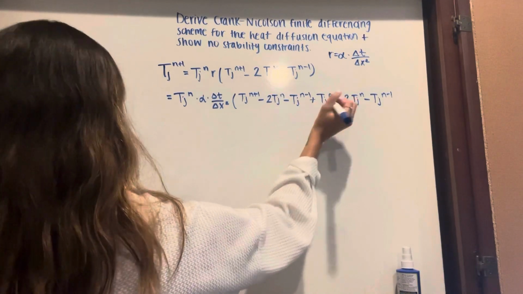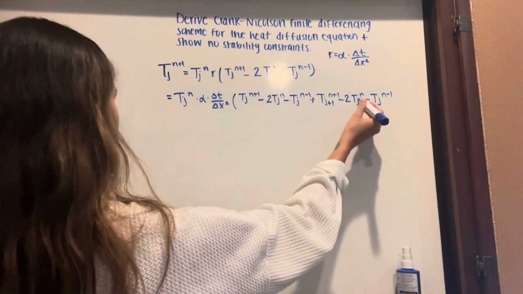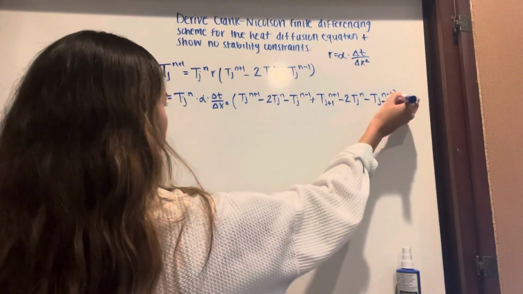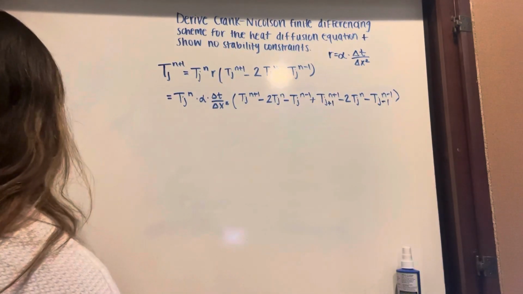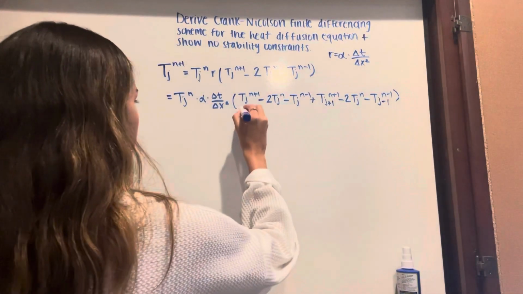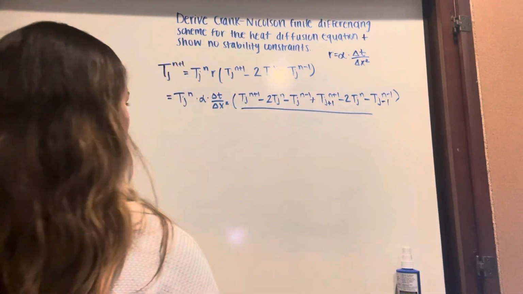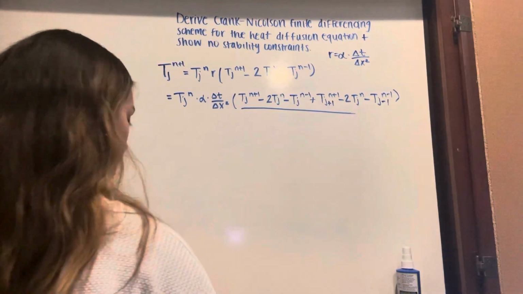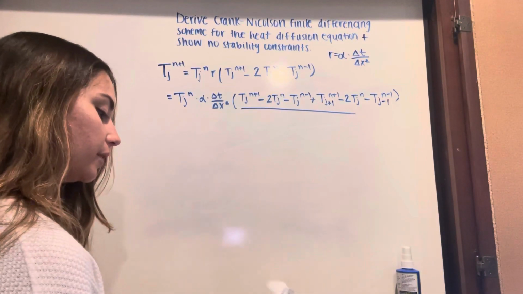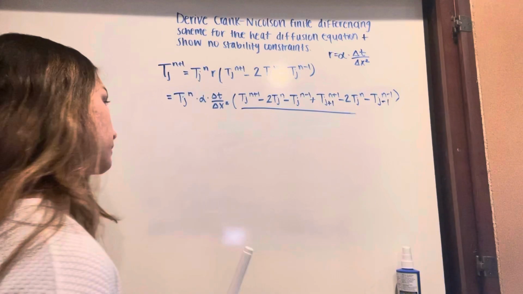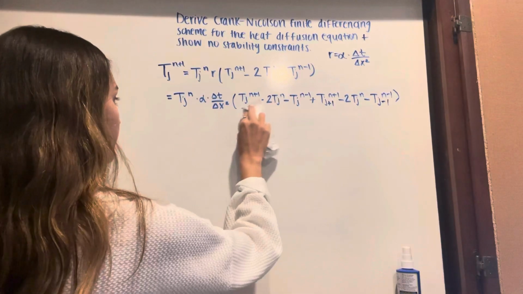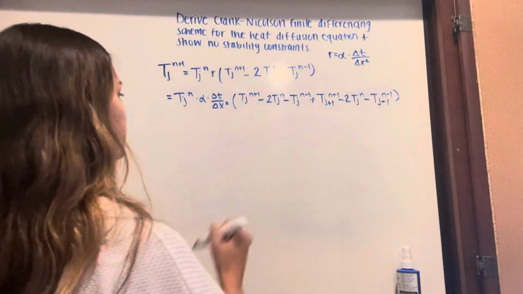This is going to be J plus 1, our position plus 1, and this is going to be our position minus 1. It's a lot of writing. And then we divide all of that by 2 to get the average of our calculations for those temperatures.